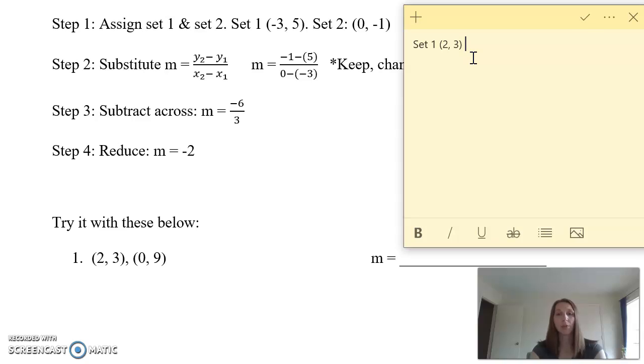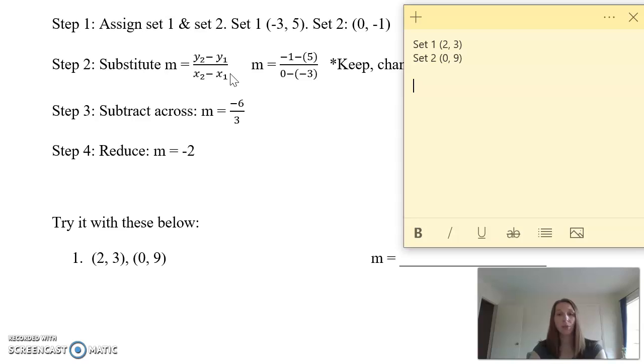Remember, the x comes first, then the y. So our set 2 will be 0, 9.